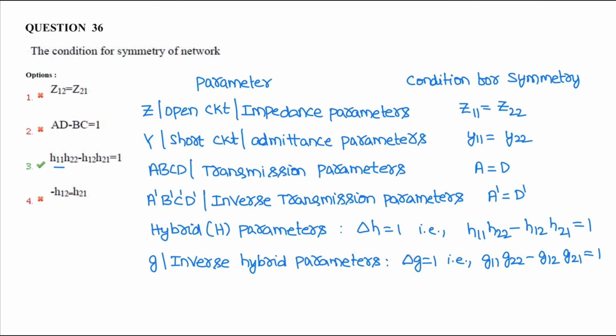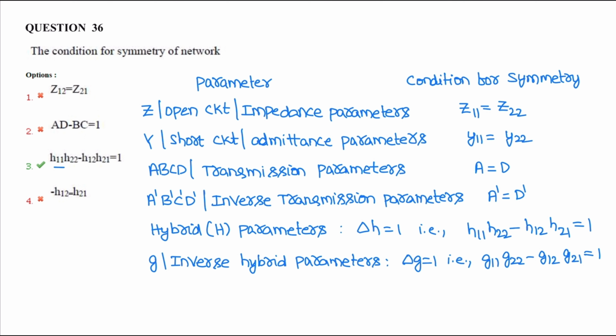Question number 36. The condition for symmetry of the network is. A two-port network is said to be symmetrical if the network looks same from both the ports, otherwise it is said to be asymmetrical.